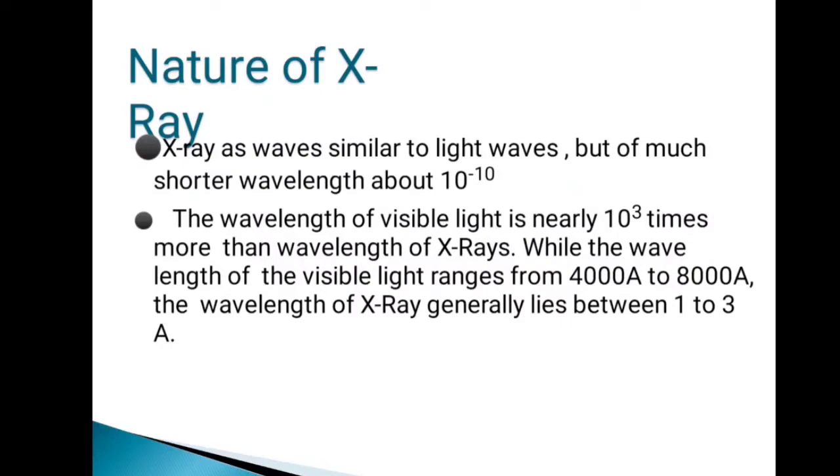The wavelength of visible light ranges from 4000 angstroms to 8000 angstroms, while the wavelength of X-rays generally lies between 1 to 2 angstroms only. The light waves have a 10 power 3 times higher wavelength than X-rays.